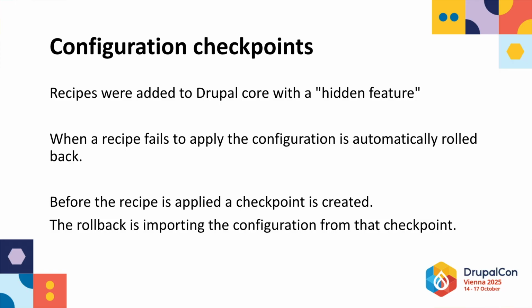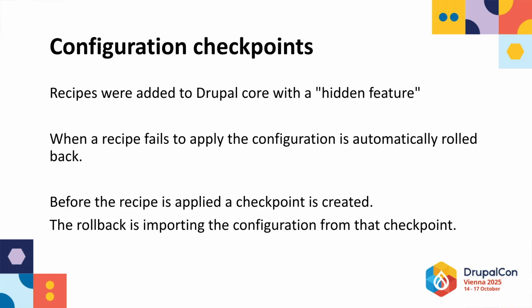Configuration checkpoints are really cool, I think, because when recipes were added to Drupal core as part of the huge patch that went into core, one of the requirements it was supposed to fulfill was that if a recipe fails to apply, it automatically reverts the things that it already changed.